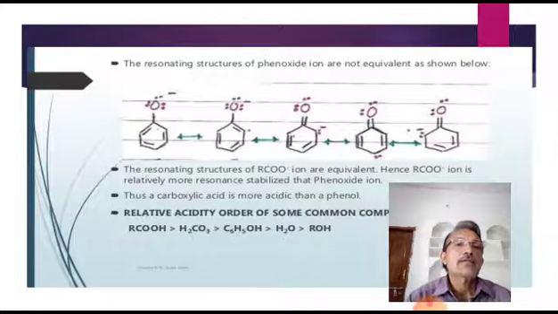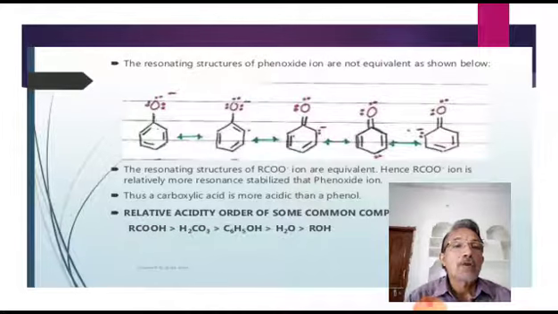See, in the phenoxide ion, negative charge is distributed in the benzene nucleus, whereas in the carboxylate ion, the negative charge is spread over the two oxygen atoms. In the phenoxide ion, negative charge is spread on only one oxygen atom, whereas in the carboxylate ion, negative charge is spread over two oxygen atoms.